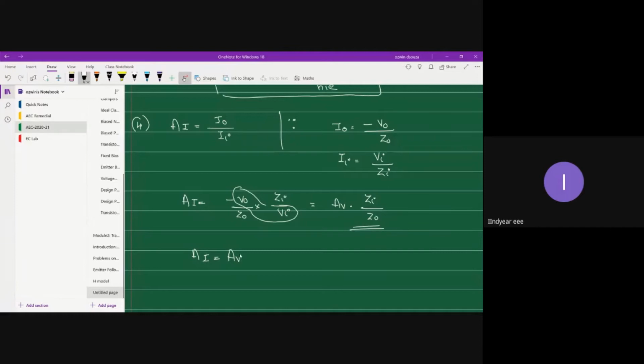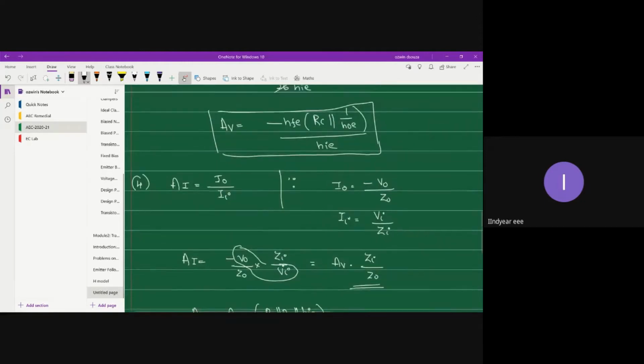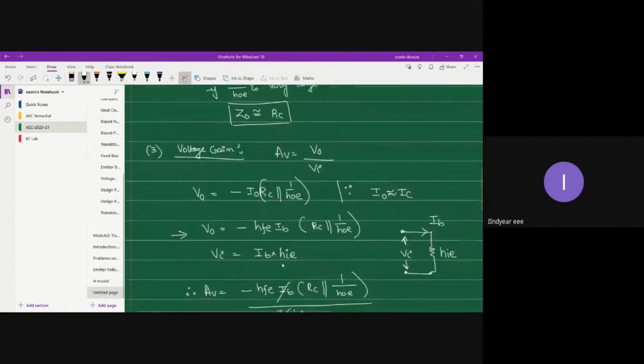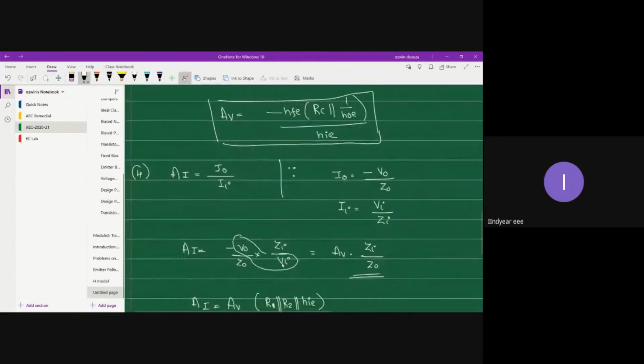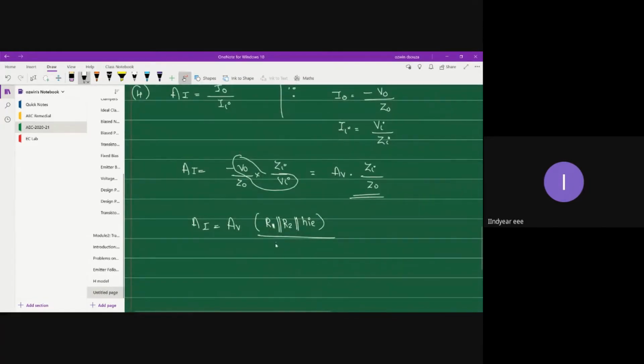So it is AV into Zi by Z0, where Zi is R1 parallel with R2 parallel with HIE, and Z0, which we just calculated, is RC parallel with 1 over HOE.